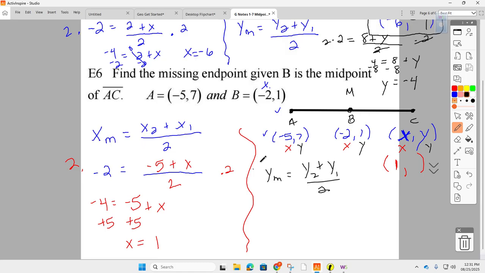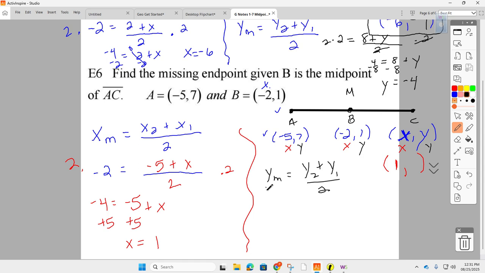So what am I going to plug in for y sub m, Helen? What does the m stand for? Midpoint, right? So this is the y of the midpoint.